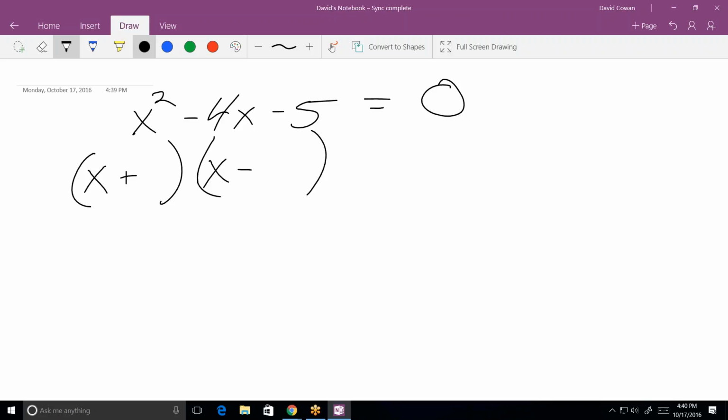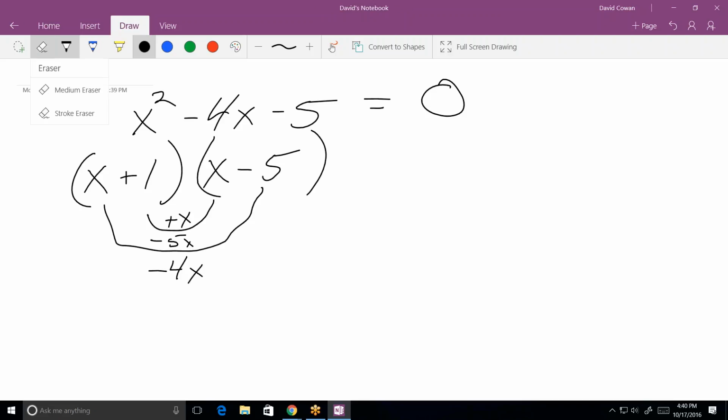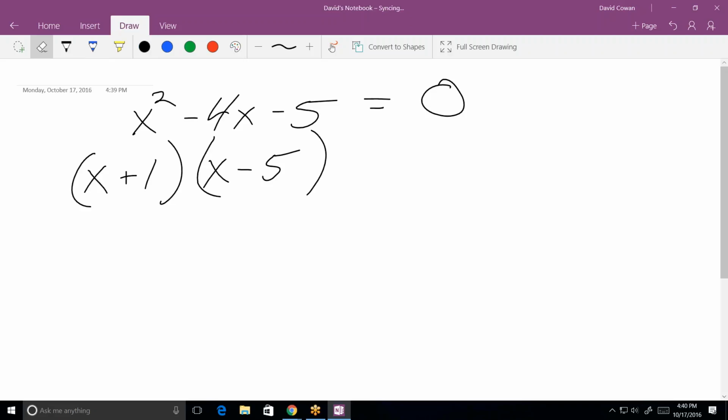Factors of 5 are 5 and 1. 5 goes there, the 1 goes there. That's plus x. That's minus 5x. Add them together, we get our middle term. So this factors nicely, and I wouldn't normally need to use the quadratic formula except for the fact that that was the instructions. So let's see if the quadratic formula gives us the same thing.